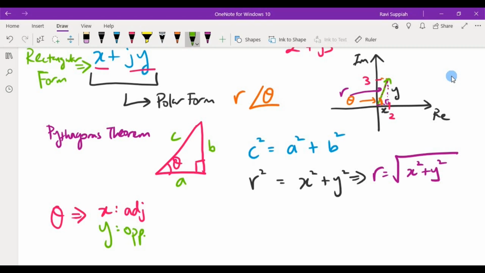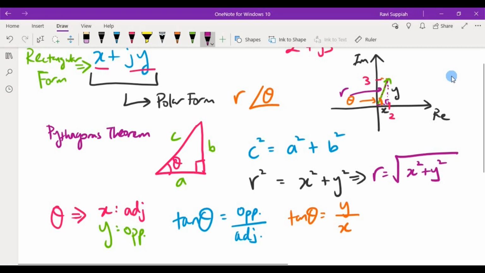The trigonometric formula that we can use that relates opposite and adjacent is the tangent. The tangent of an angle is equal to the opposite over adjacent, which means that tan theta in this case is equal to y over x.